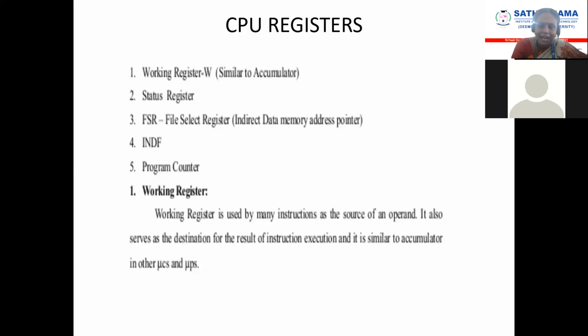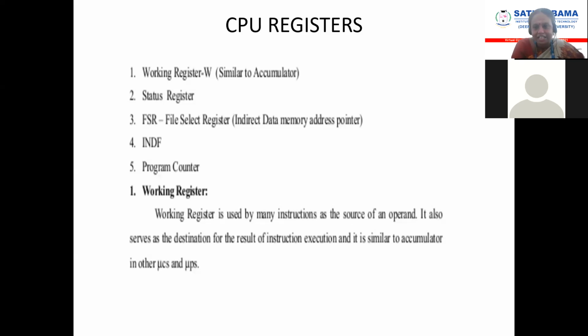The capture compare PWM module is not available in 8051, but it is available in PIC. Using that, we can generate various PWM pulses with different duty cycle ratios. I think yesterday I explained how the capture compare PWM module works. Then 8051 serial communication is only UART, but here we have USART.